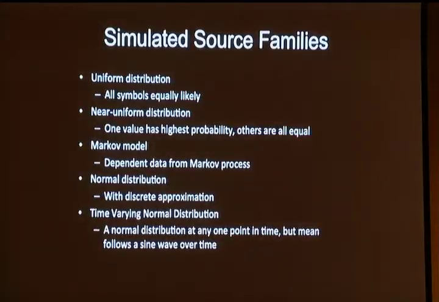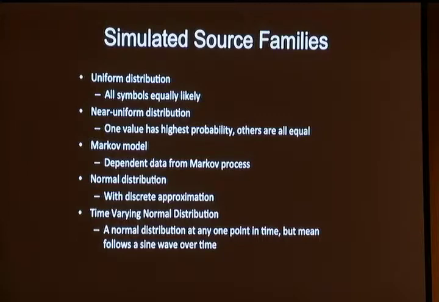We use 5 different probability distributions. The first one was the uniform distribution, where all the samples are equally likely. We also use the near-uniform probability distribution, where all the samples have equal probability except one. That one has a much higher probability than the others.